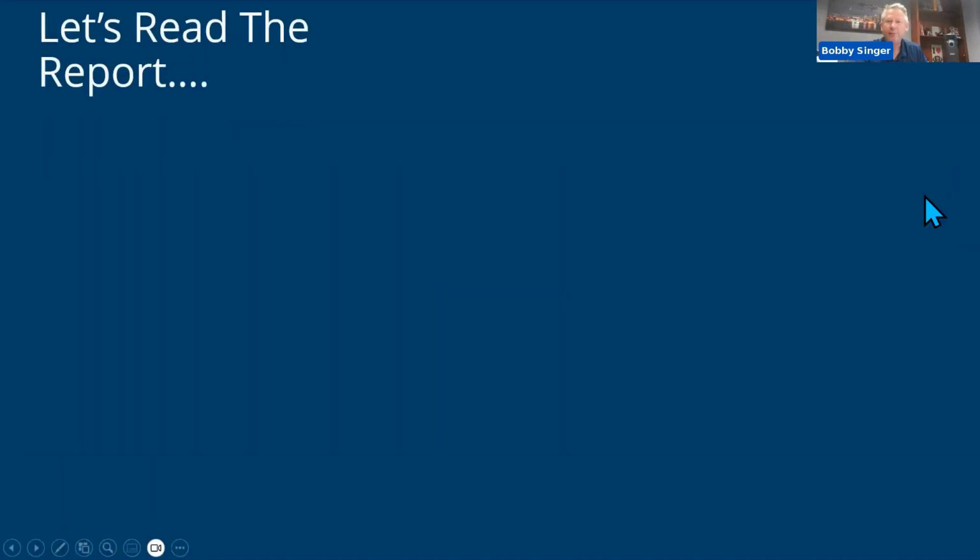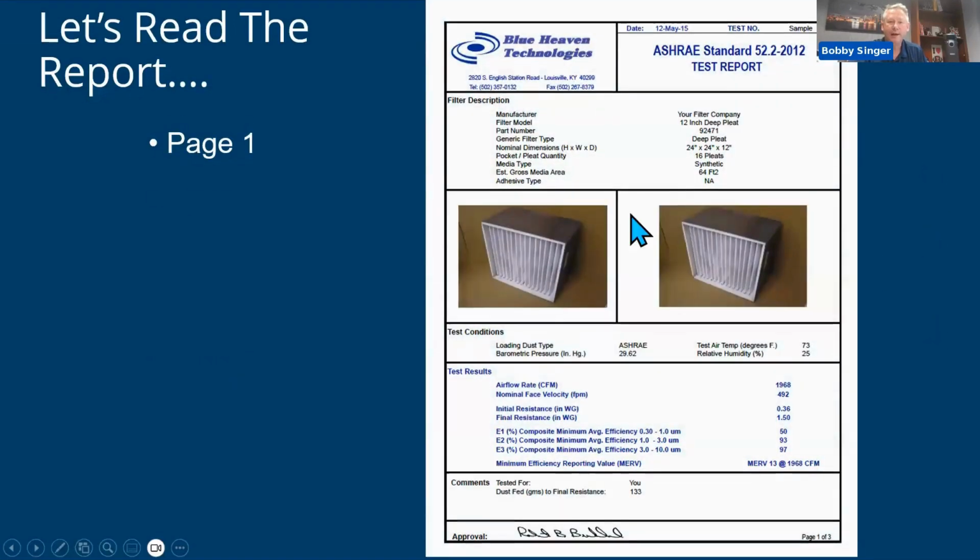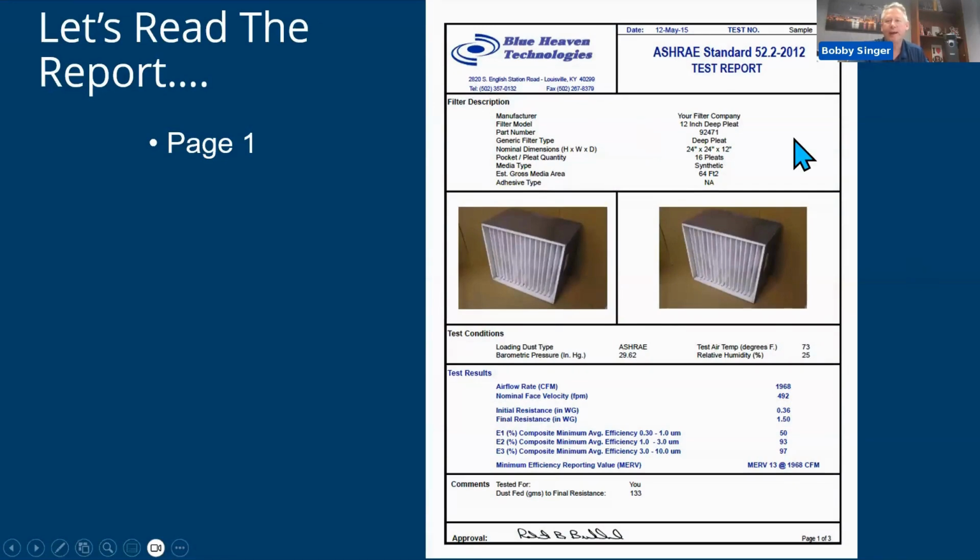All right, so once we've completed the process, we issue a test report. And this is generally what a test report is going to look like. Your page 1 or your cover page will have a filter description here: the filter manufacturer, model name, part number, size, things like that. We started including pictures of the filters quite a few years ago.